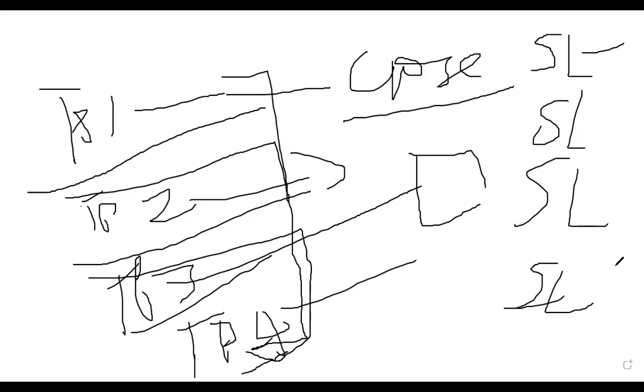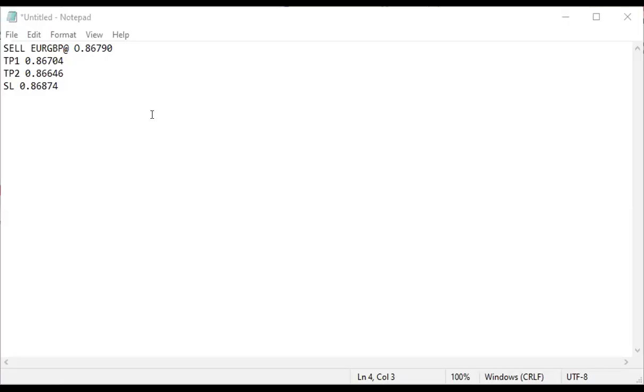Okay, let's get to the chart right now. Now let me show you something. I'm going to share my screen again. Suppose you get a trade alert as probably a student, or as one who takes signals, or as one who wants to trade. Maybe you get a trade alert: sell Euro GBP at this current price level. It could be at this current price level, or it could be from analysis.